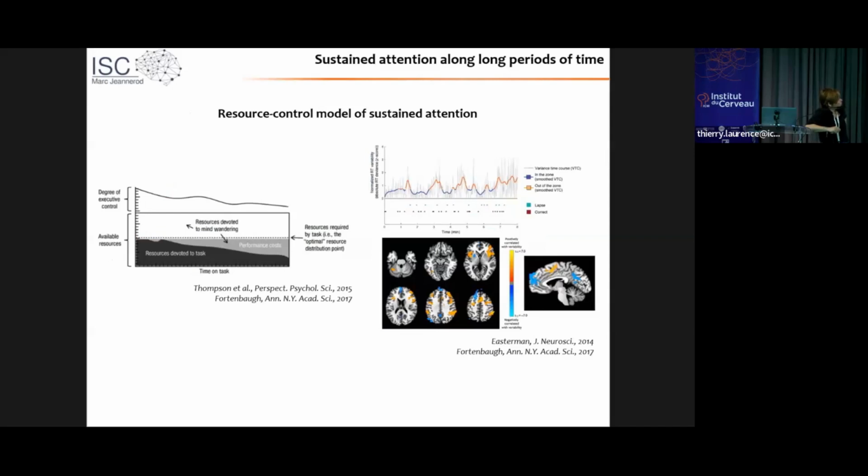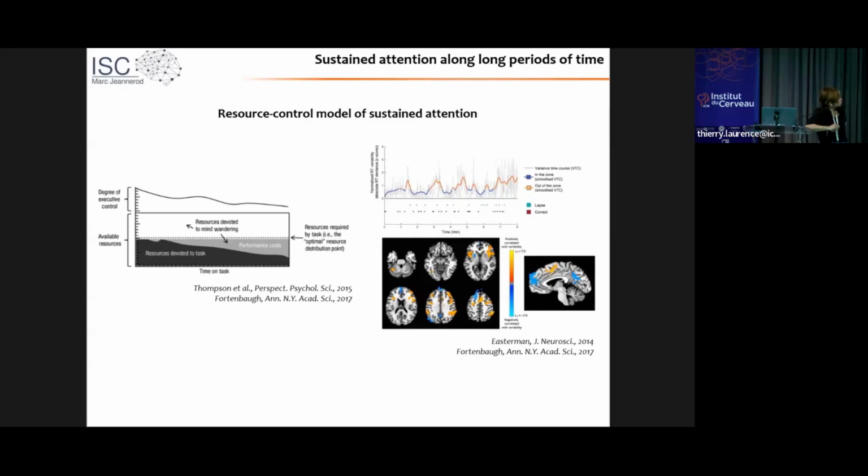So from there, we wanted to move to understand how these components express in time. And so now I will be discussing sustained attention processing in the prefrontal cortex along long periods of time. And I will start from a reminder on resource control model of sustained attention, where two opposite models confront each other, very reminiscent to what we have been exposed to in the last session of yesterday.